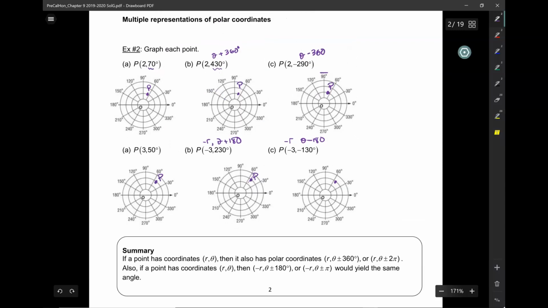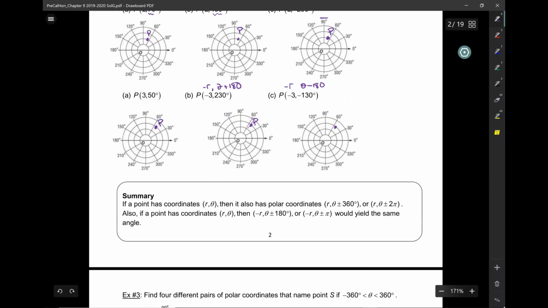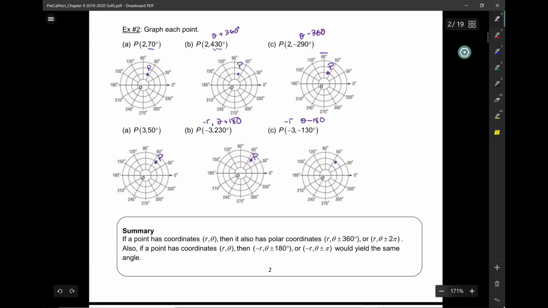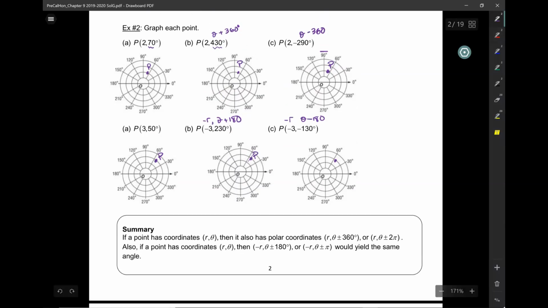Okay, so let's summarize this for a minute. How do I get different coordinates of the same position? I can take theta and add or subtract 360. Or I could take theta and add or subtract 2 pi. And I get the same position.